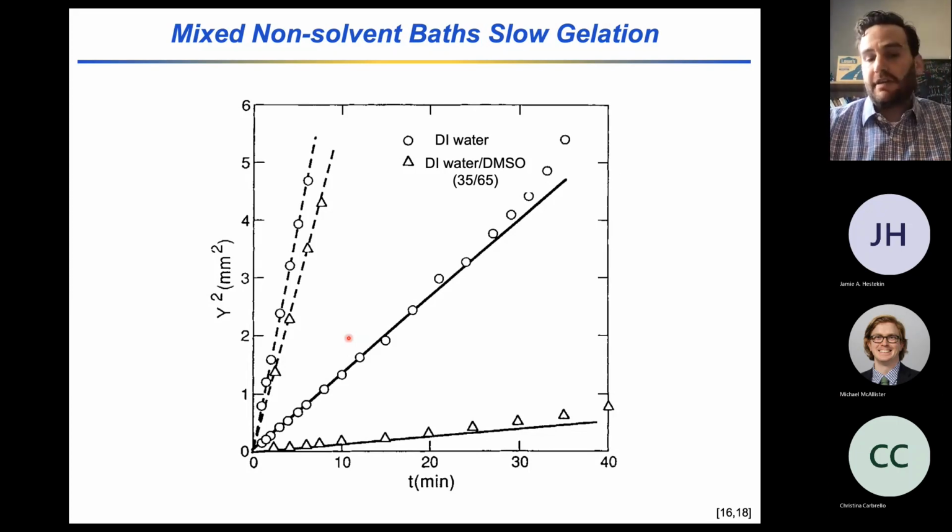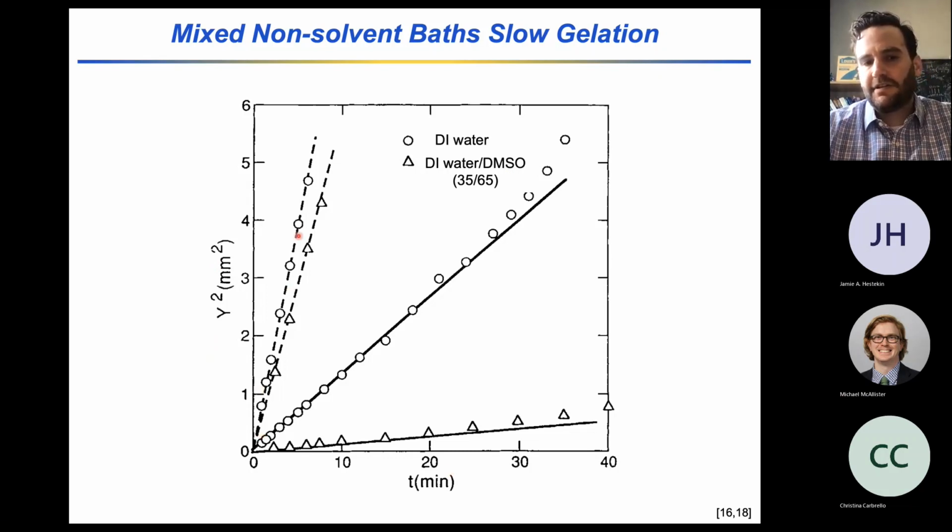The other thing you can do that can begin to plug in the non-solvent induced phase separation technique with the microstructure, the membrane structures that form, is blend a little bit of solvent into your non-solvent. Once again, we're plotting length squared on the y-axis and time on the x-axis.